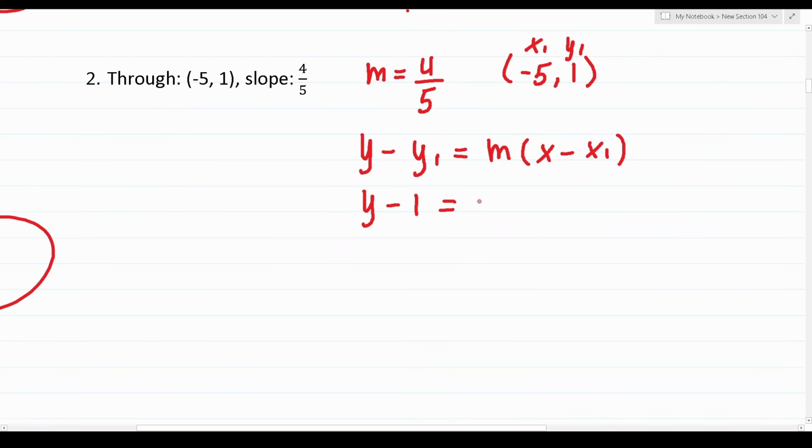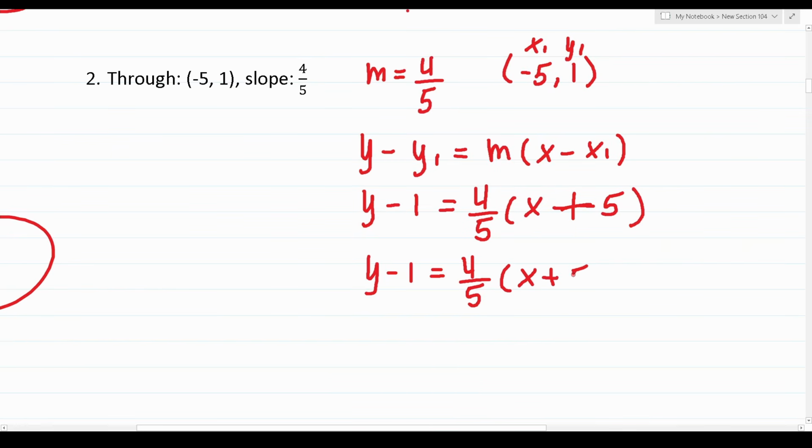What is m? It's 4/5, so this is 4/5 times x minus, what is x1? It's right there, it's -5. Let's take care of these double negatives. This becomes x plus 5. All right, so let's quickly rewrite that. That's y minus 1 equals 4/5 times x plus 5.